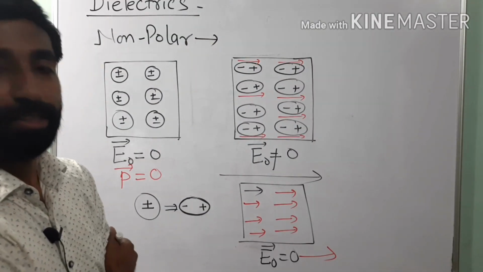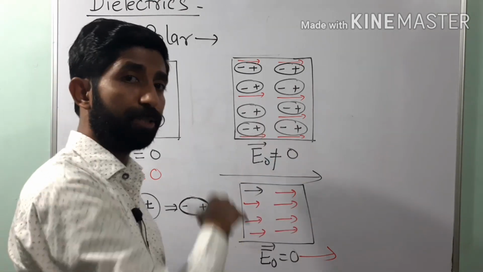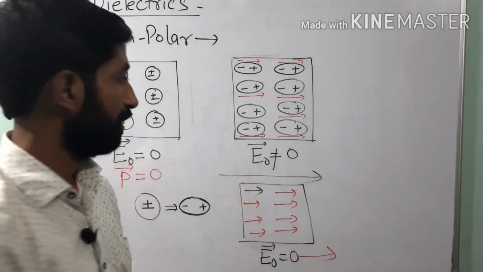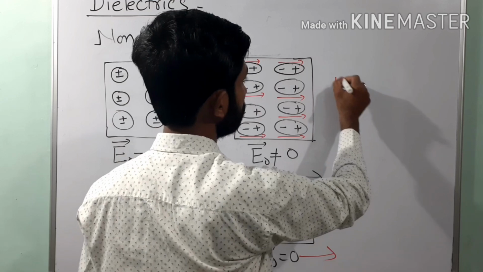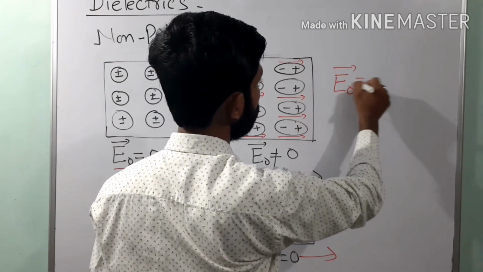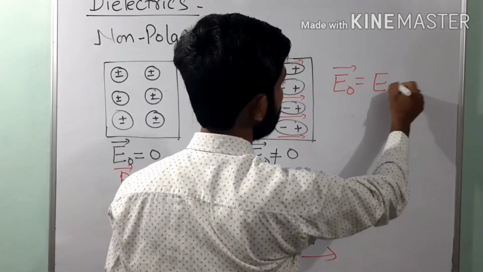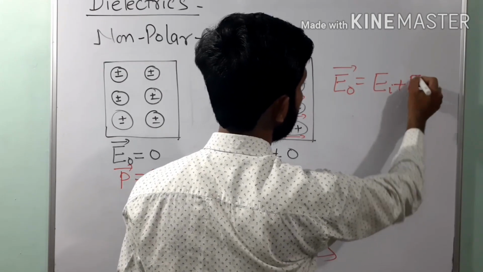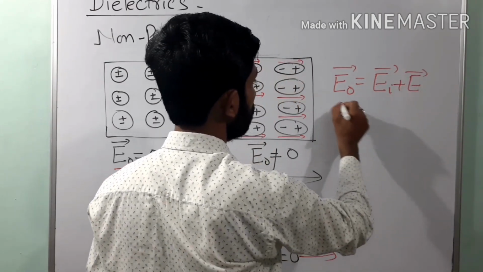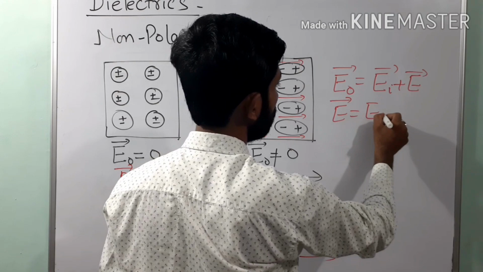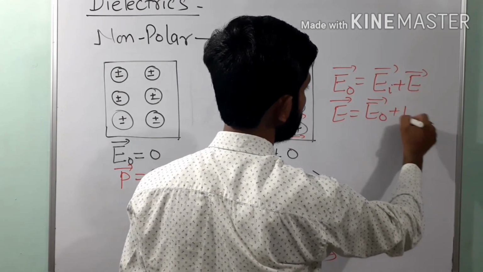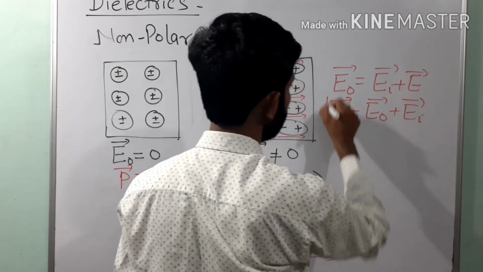Okay, so we have again the same equation: the net electric field equals E outer plus E induced.